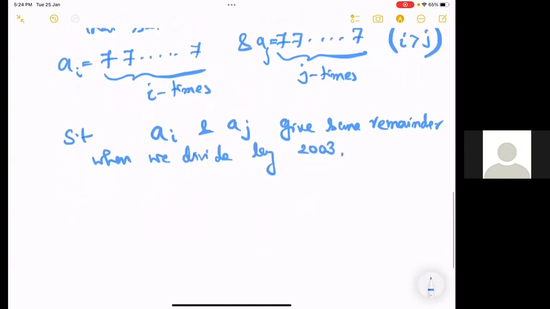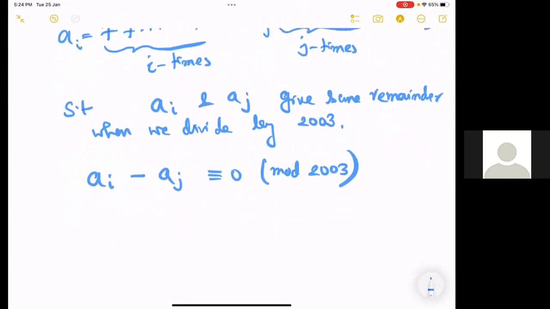That means A_i minus A_j is divisible by 2003. I hope all of you know this mod notation from your 10 plus 2. So what is the meaning of this notation? A is congruent to C mod B means A minus C is divisible by B, right?